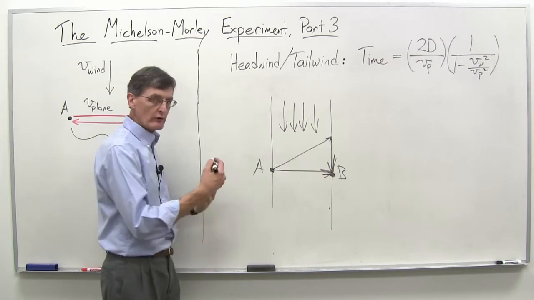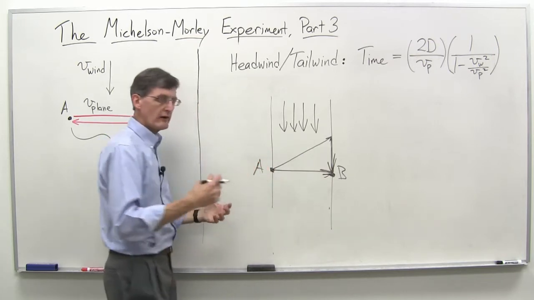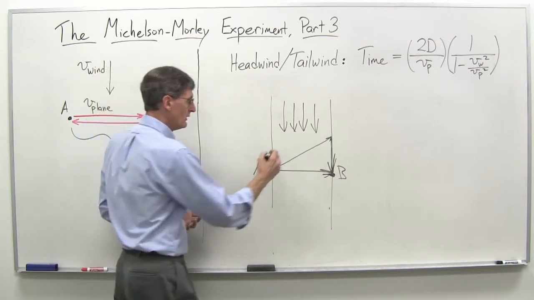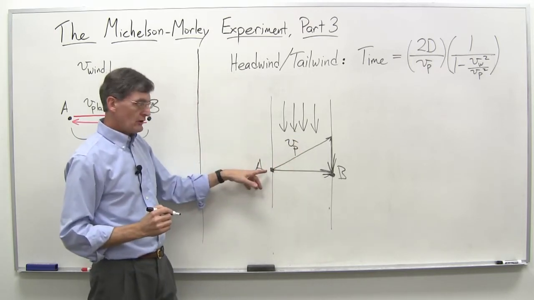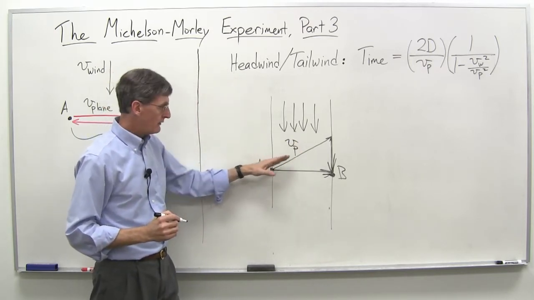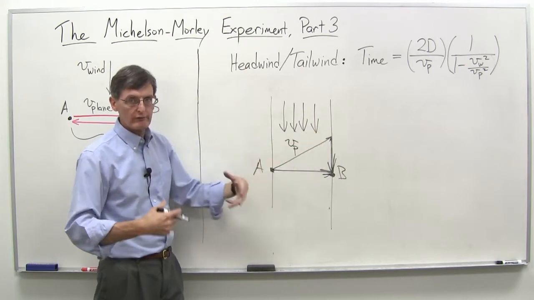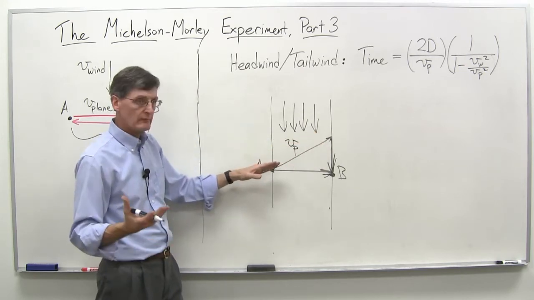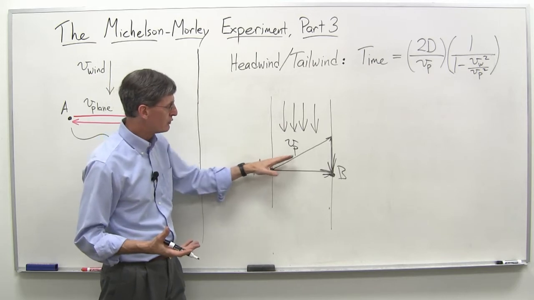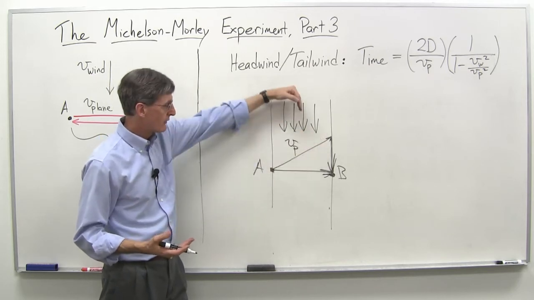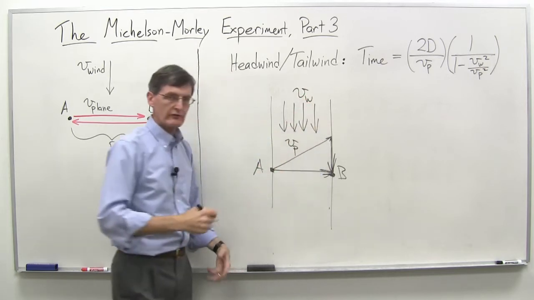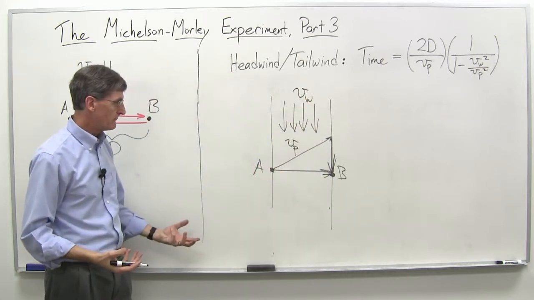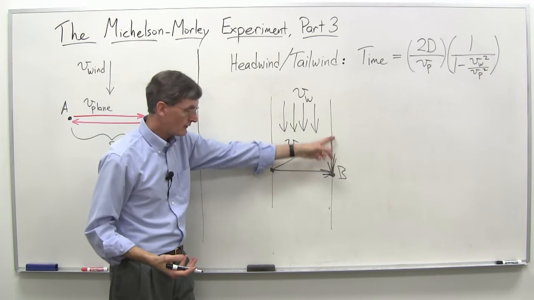And so what are the quantities here? Well, it's flying through the air at velocity v sub p. So that's the actual velocity of the plane through the wind, or, if you want the swimmer, the velocity of us swimming through the water there. And then the current is v sub w, in our plane example the velocity of the wind. And so that's going to be this quantity right here, this side.